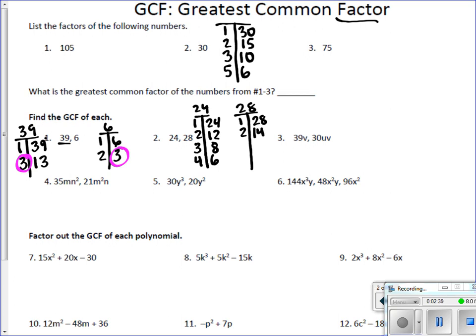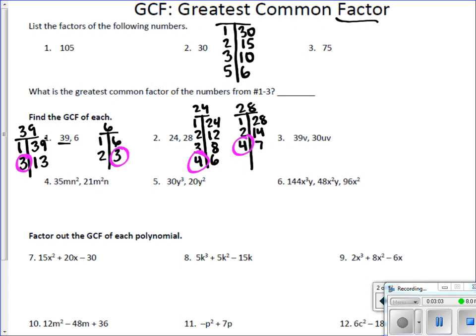Does 3 work? 4 and 7. So what's the greatest common factor? 4. Okay. This is all kind of coming back to you a little bit. You list out your factors. What's the biggest number? Maybe you got good and could figure things out in your head every once in a while. Okay. Let's look at number 3.